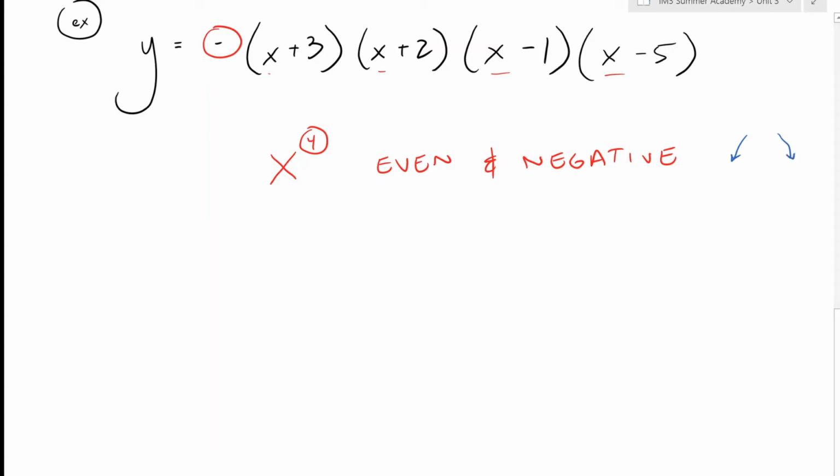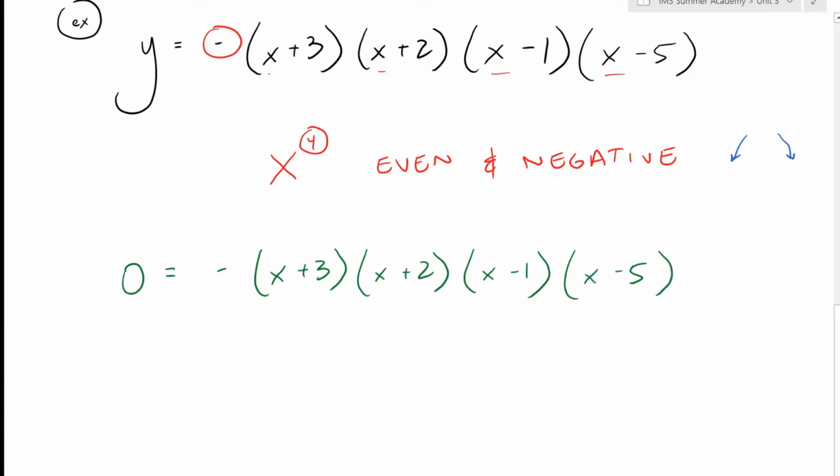Now if we were to find the X-intercepts, we would set this equal to 0. So x plus 3, x plus 2, x minus 1, x minus 5. And we would set each of these equal to 0 and solve it. So like this would be x plus 3 equals 0, and x plus 2 equals 0, x minus 1 equals 0, x minus 5 equals 0.